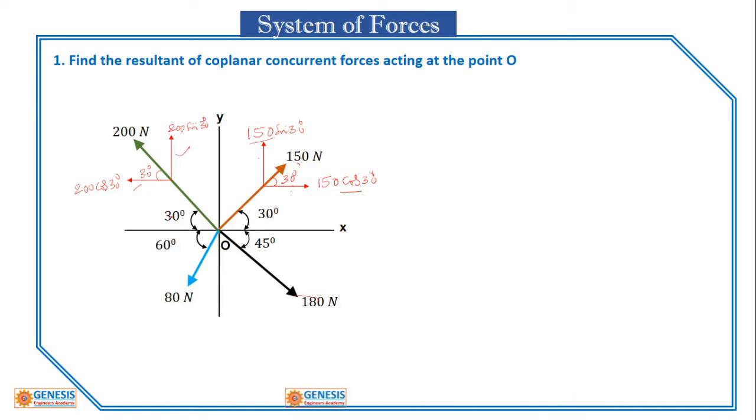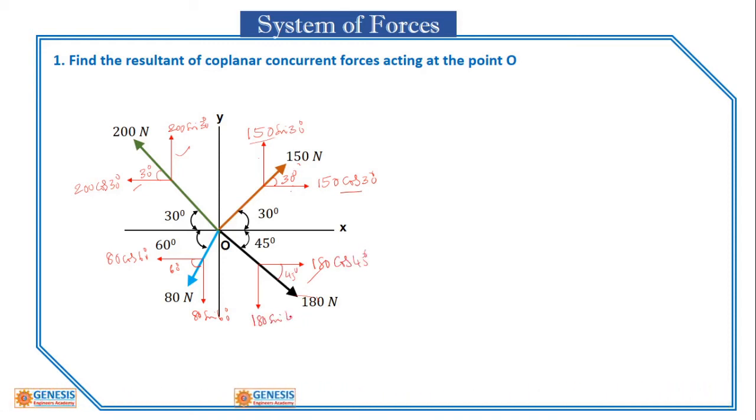And if I move on to this one, this is another, the angle is from horizontal, and it is also 60 degrees, and this becomes 80 cos 60 degrees, and this becomes 80 sin 60 degrees. And if I move on to this one, it is 180, and this angle is 45 degrees, 180 cos 45 degrees, and 180 sin 45 degrees.